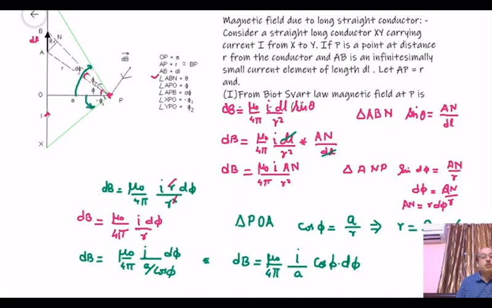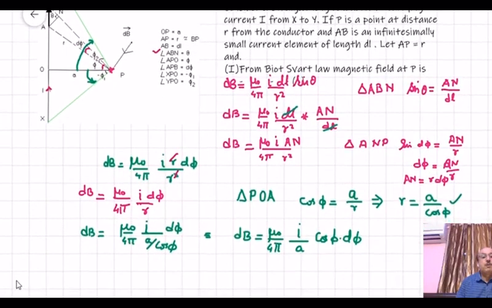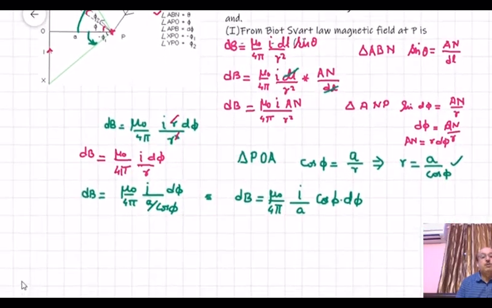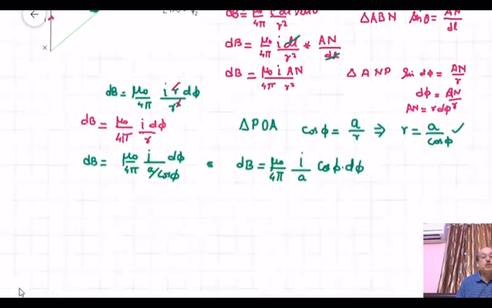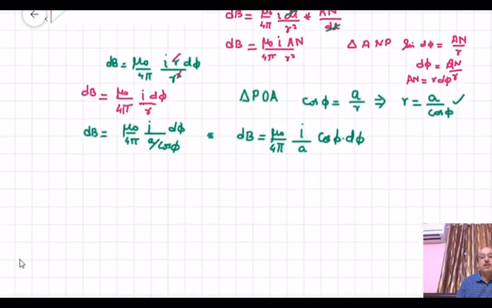Thus our limits will be minus phi 1 to phi 2.